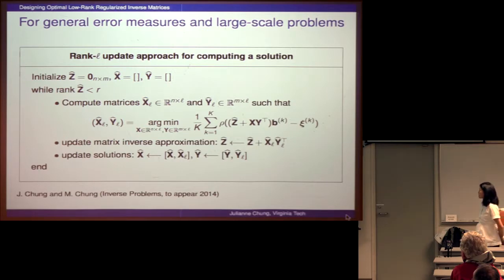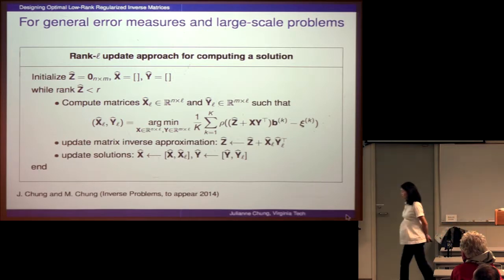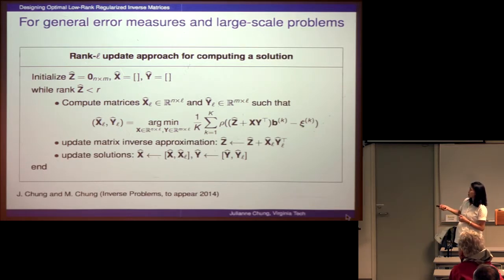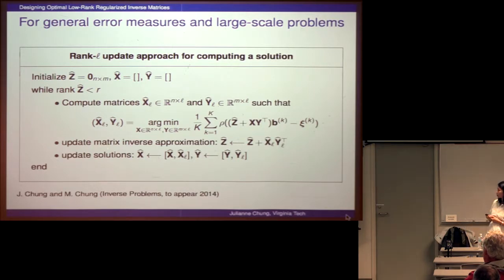The basic idea is this. For simplicity, let's just assume rank 1 updates. Okay, so what you're going to do is you have this iterative process, and at each iteration you compute the best rank 1 matrix, for example, if L is equal to 1, and then you update your matrix inverse approximation, and then you just continue to go through this loop.